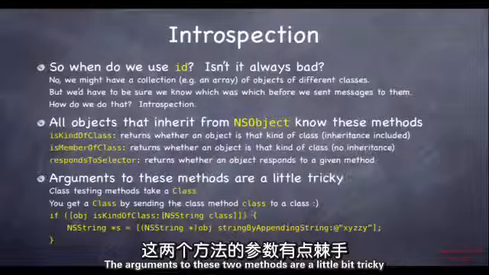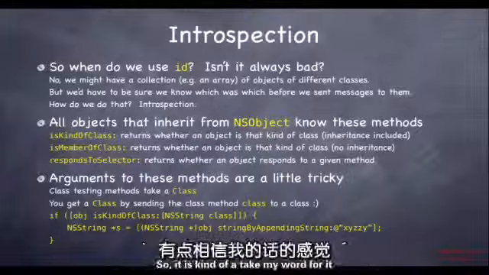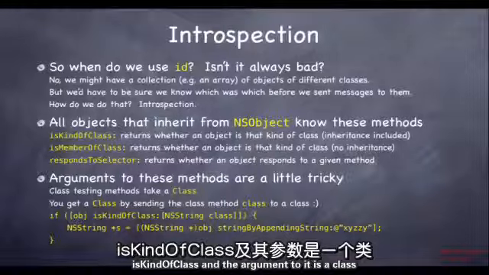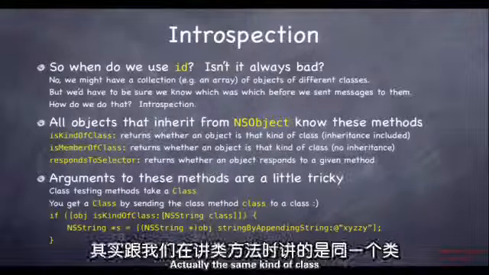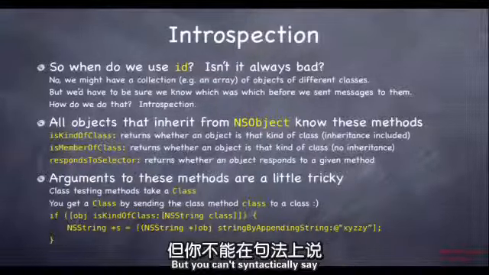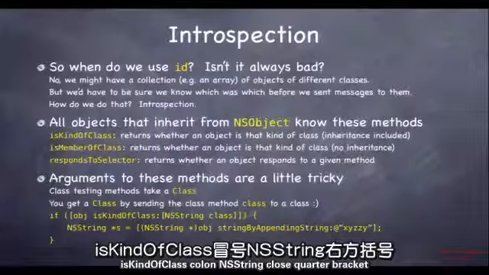The arguments to these two methods are a little bit tricky, so it's kind of a take my word for it. Here we have isKindOfClass, and the argument to it is a class, the same kind of class that we were talking about when we talked about class methods. But you can't syntactically say isKindOfClass colon NSString, close square bracket.